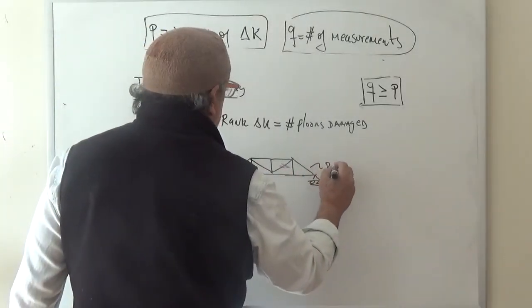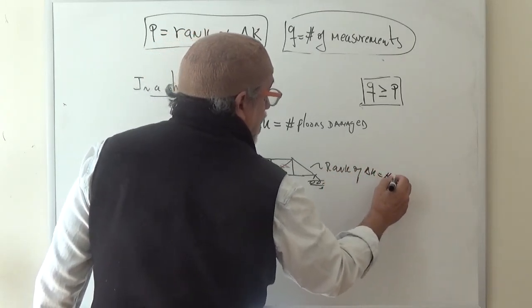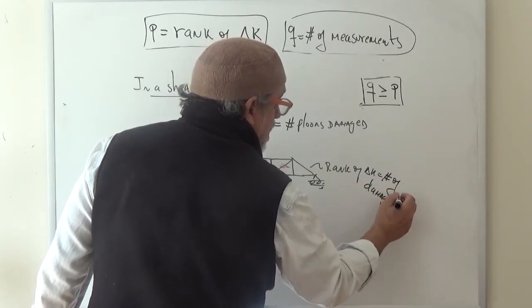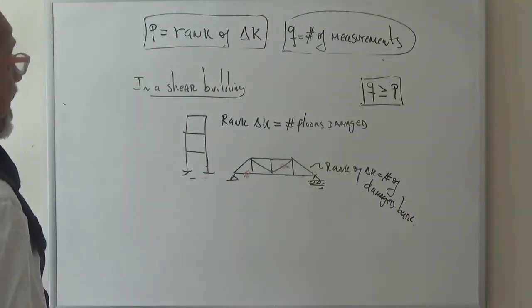Then the rank of delta K is equal to the number of damaged bars in general. So in this case, it's easy to count, right?